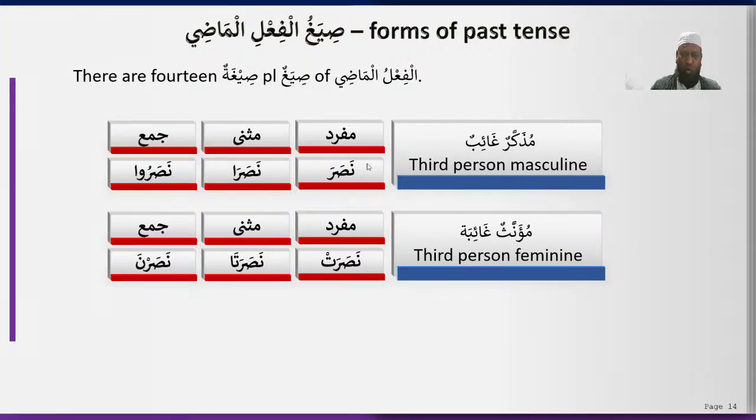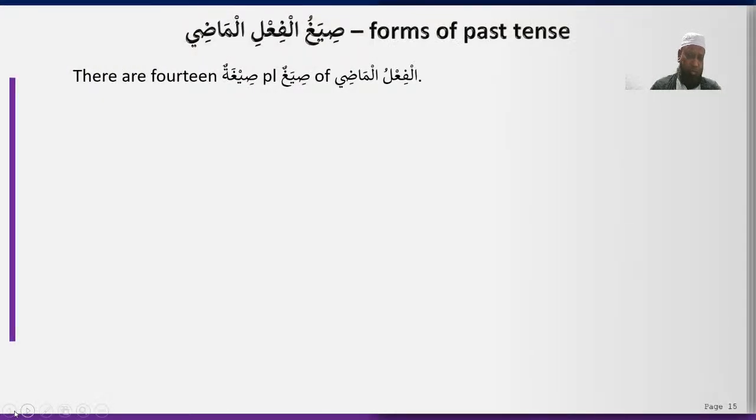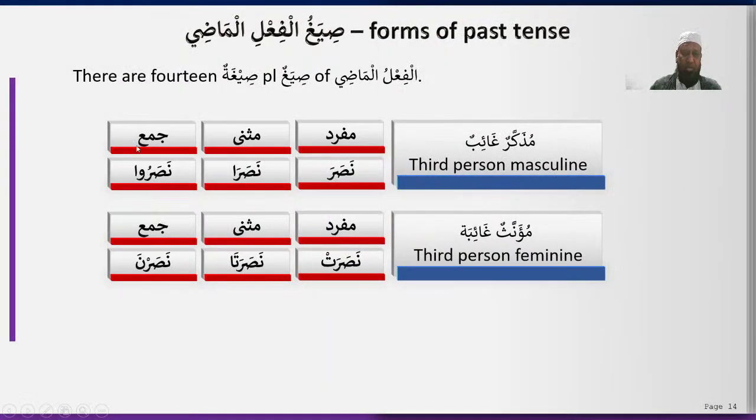So these four sigas are the مبني على الفتح: two mudhakkar ghaib, two muannas ghaib, mufrad and muthanna.